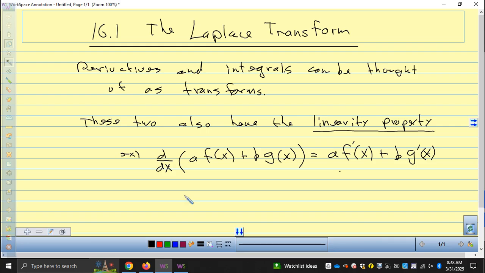So today we're going to talk about a specific integral transform, the Laplace transform.